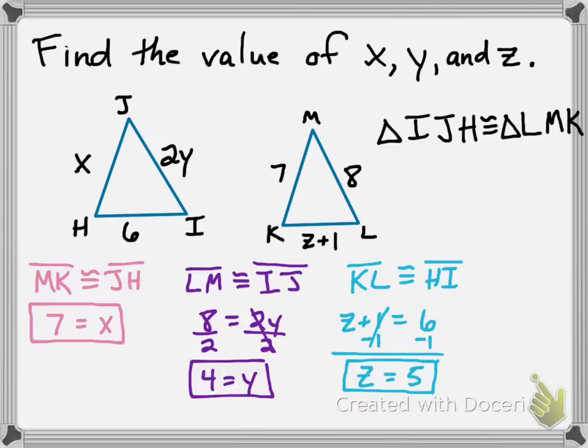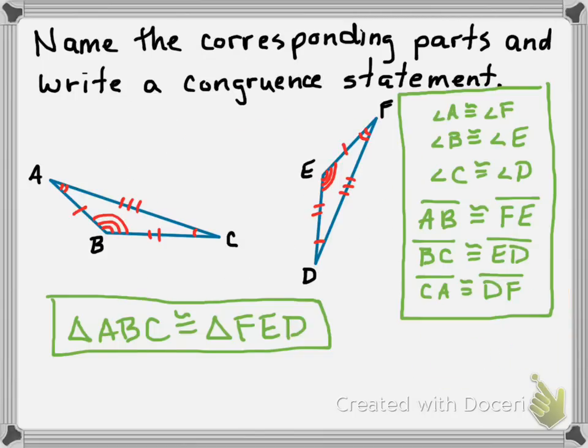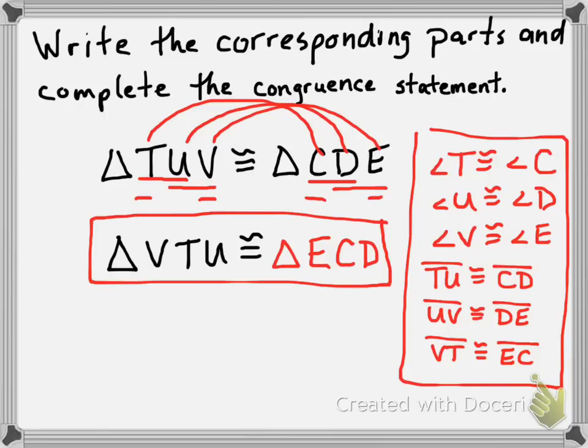Okay, and this would work the same way if I had done angles in here. You would have just set the angles equal to each other and solved just like we did for the sides. No different. Okay, so in wrap up, you need to be able to name corresponding parts and construct a congruent statement, either by looking at triangles or by looking at a congruent statement.